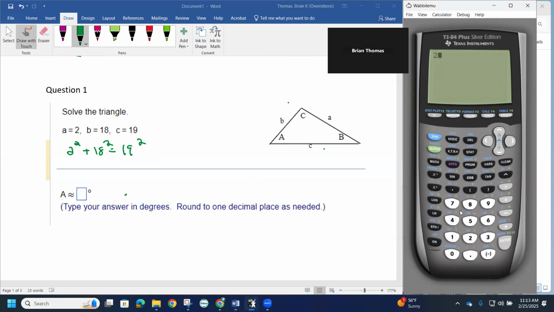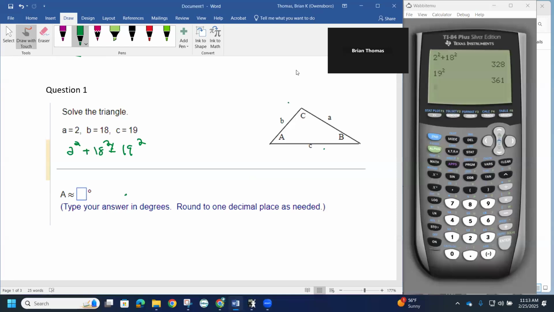So if I do 2 squared plus 18 squared, does that equal 19 squared? So notice how 328 does not equal 361. So this is not a right triangle.